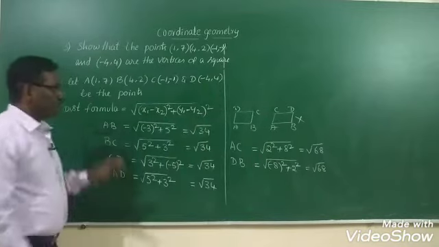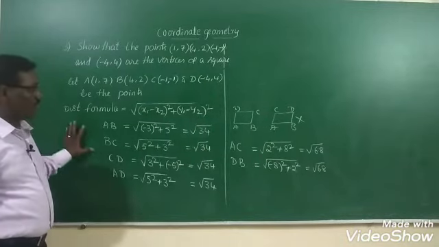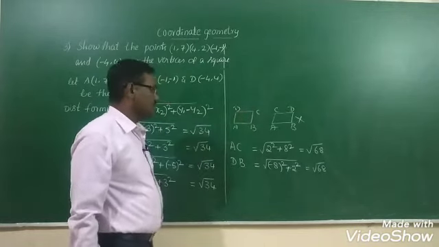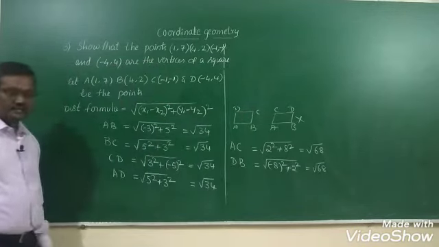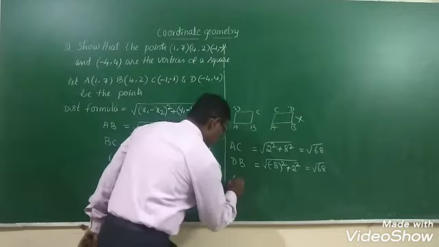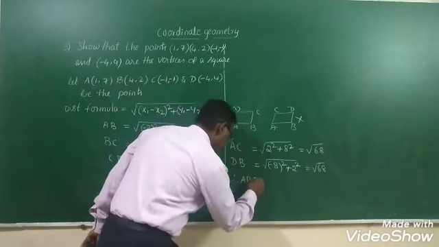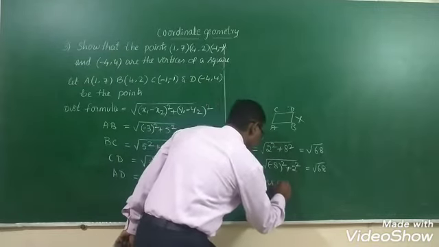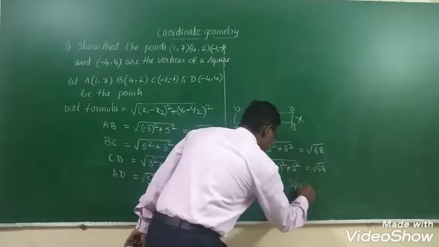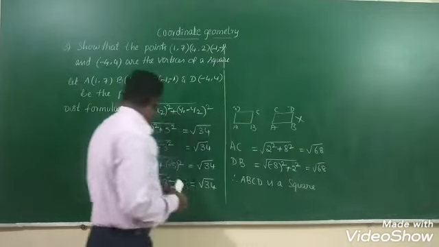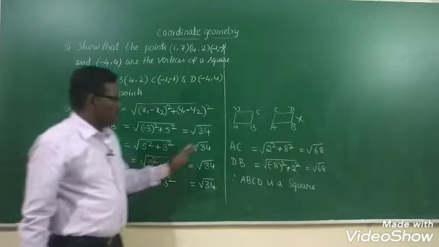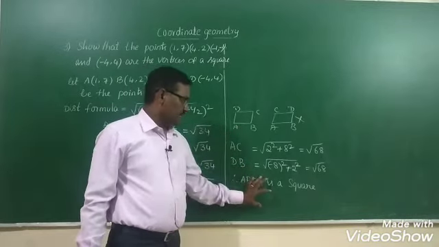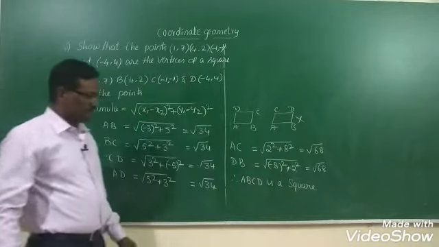Therefore, if in a quadrilateral all the sides are equal and diagonals are equal, then it is a square. So therefore ABCD is a square. In case all the sides are equal, diagonals are not equal, then it is a rhombus.